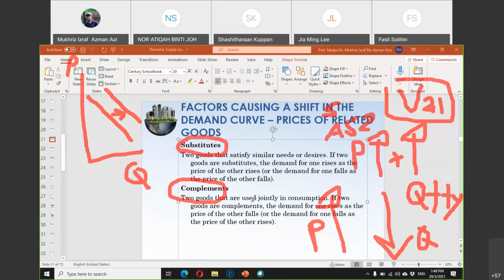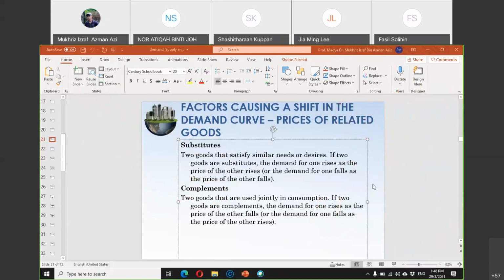The same thing applies on the complement side. If you're talking about car sales and accessory shops, our demand curve will be for the accessory, for example, sport rims for cars.